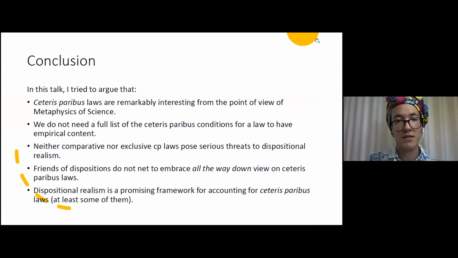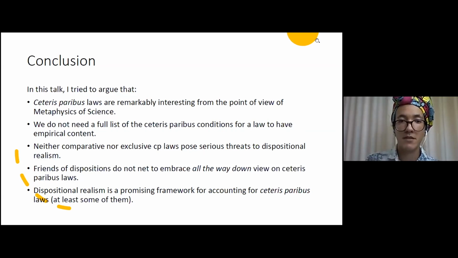So just in conclusion, because the time is already 25 minutes, I tried to argue in this talk that Catrespirables laws are remarkably interesting from the point of view of metaphysics of science. I tried to argue that we do not need a full list of Catrespirables conditions for a law to have empirical content.